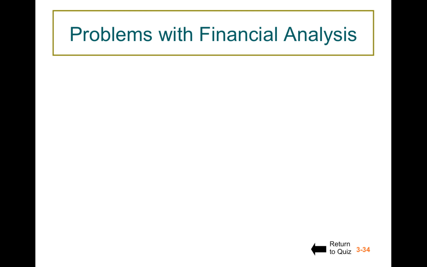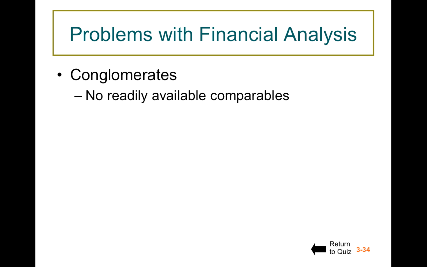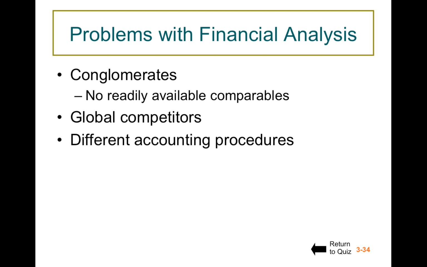So what are some of the problems with financial analysis? Well, sometimes you have conglomerates like GE, for example, which is such an interesting company because it goes into so many different areas. There's really no available comparables. Other times, there's global competitors that aren't necessarily included in your analysis.